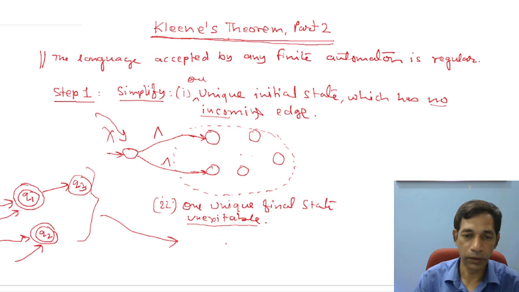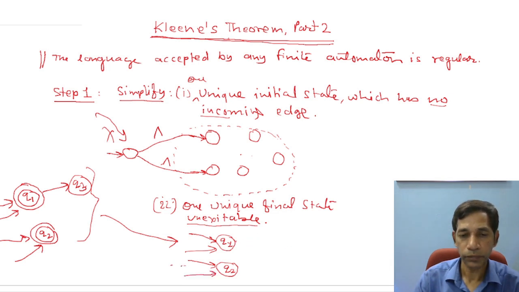So now q1 and q2 were the final states, and some edges are entering q1, some edges may be entering q2, and from q1 some edges are going to q3 like this. This is q3.